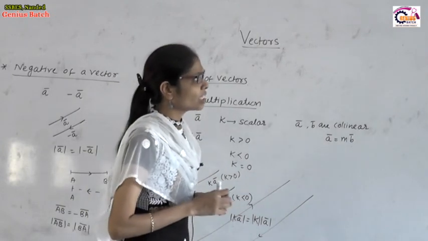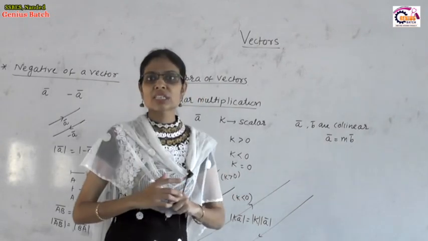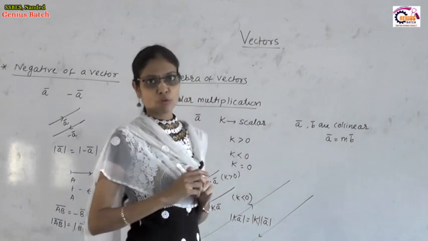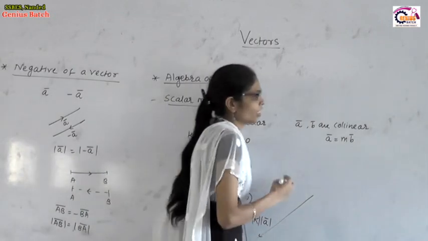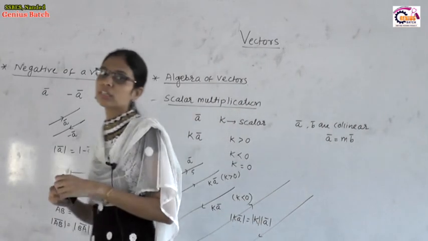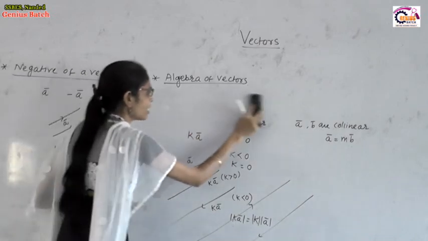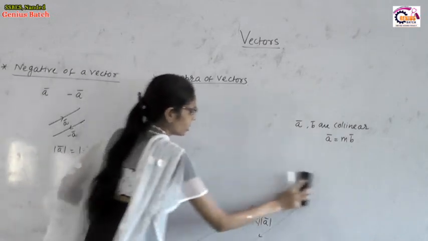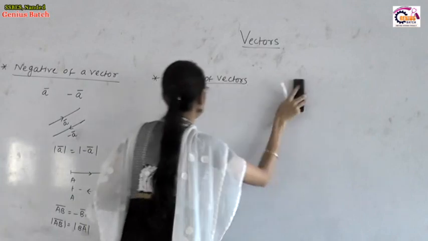Now in algebra of vectors, we'll discuss what is addition of two vectors. Addition. Now you have seen that addition of two vectors, in physics also you have discussed two laws.